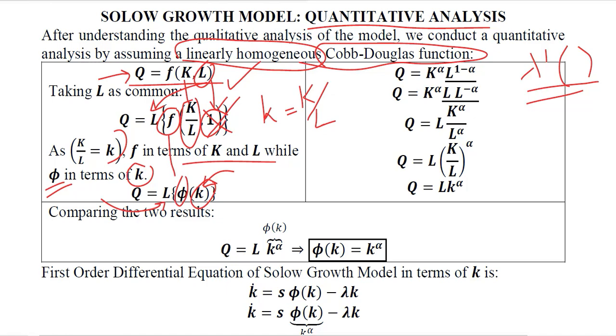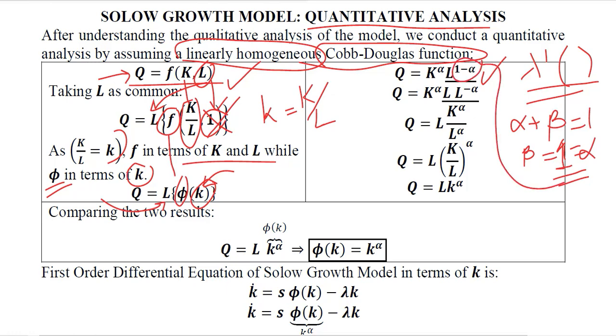We know that this is the form of the Cobb-Douglas production function. It is possible because if alpha and beta are the powers of capital and labor respectively, the value of beta will be 1 minus alpha. So if we write 1 minus alpha instead of beta here, that's what you can see, that the power of labor is not beta, it is 1 minus alpha.